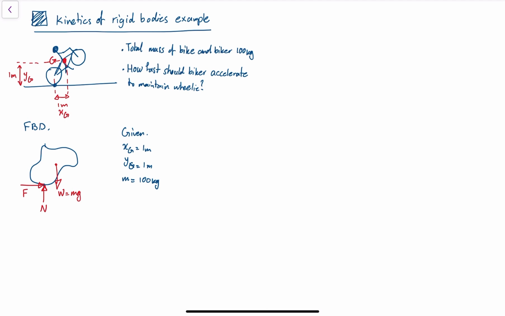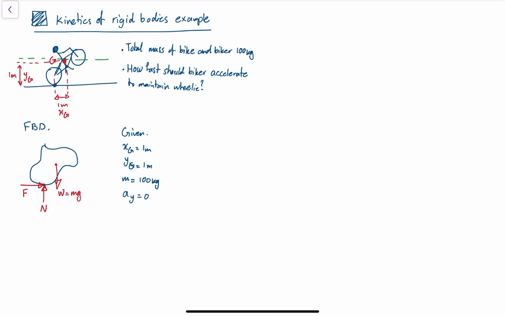And do we have any other information? Well, there is information that is given implicitly, but you should know it. The problem says, how fast should the biker accelerate to maintain wheelie position? That wording implies that the bike doesn't tilt further up or further down. So in other words, the bike always goes on the same straight line, and I know a y, let's say, a y is 0.